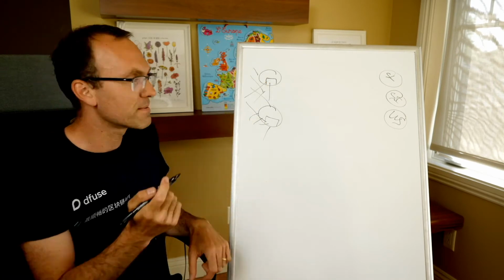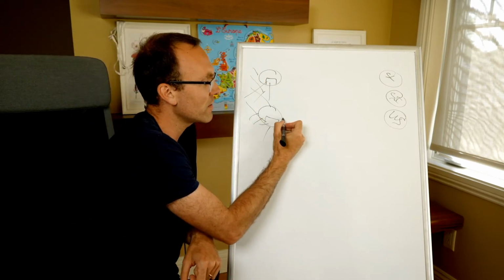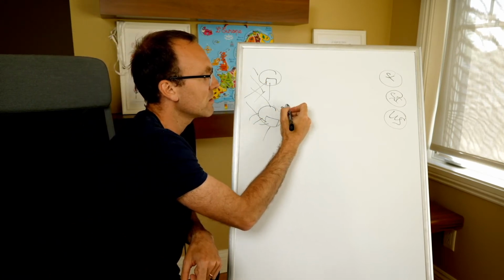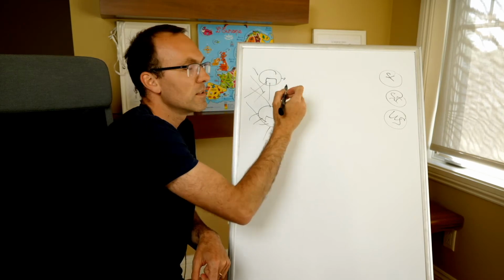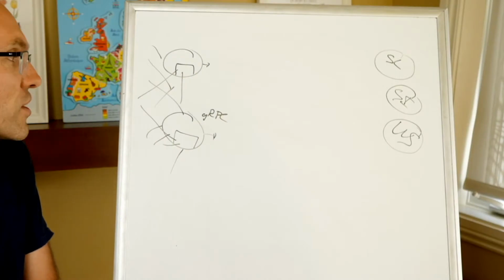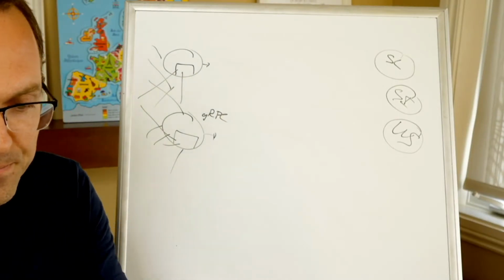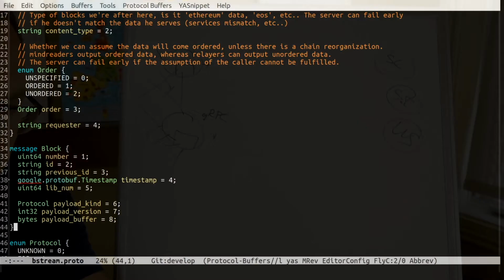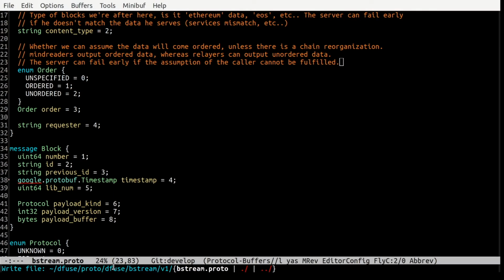So the first part is mind readers, and they offer a gRPC endpoint. That is the same one we've seen earlier in the previous videos. Let me show you that. This one here. Remember, we're in here proto, and then diffuse bstream v1. Proto is the name of the repository, and bstream.proto.